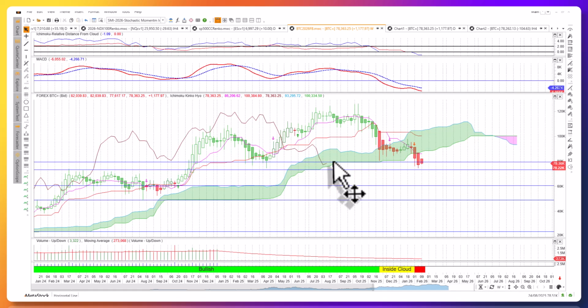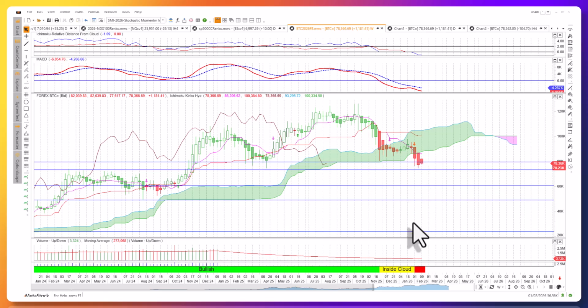So keep a close eye on this price action this week to see where the lagging line is going to end up, to give a late stage confirmation that we're still in bearish territory. But price action below the cloud is bearish. We've got it red there, and we really need to be back above at least the bottom end of the cloud, and the top end of the cloud to be ultra bullish on Bitcoin. So that's the scenario.